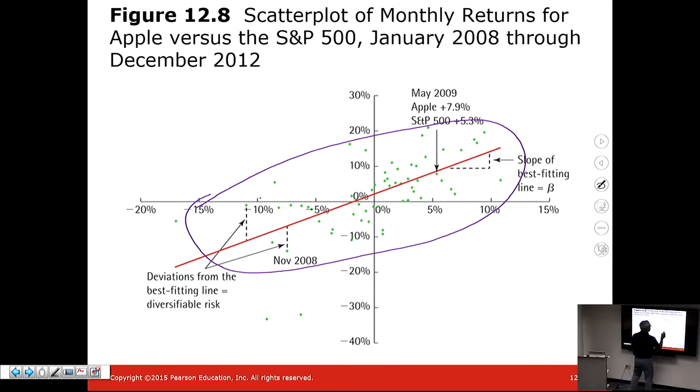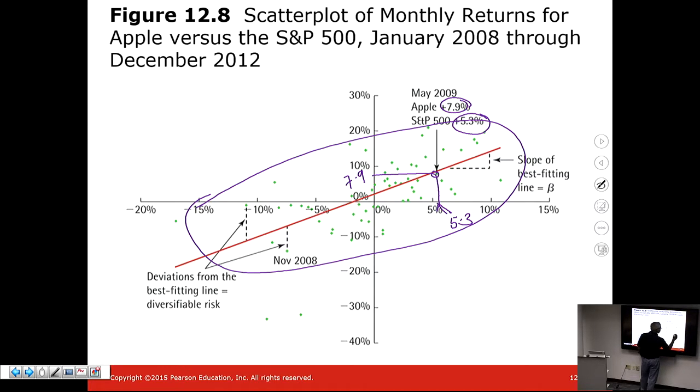For example, this dot over here represents what happened in May 2009. Apple did 7.9%. The return on Apple stock was 7.9%. Return on the market portfolio, on the S&P 500, was 5.3%. So that's 5.3% and that's 7.9%.